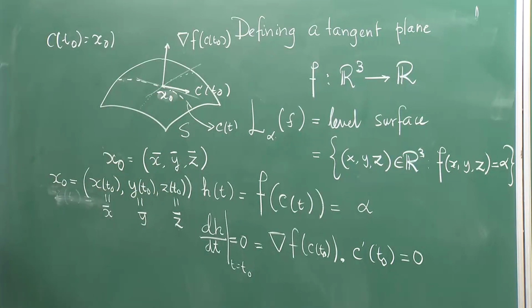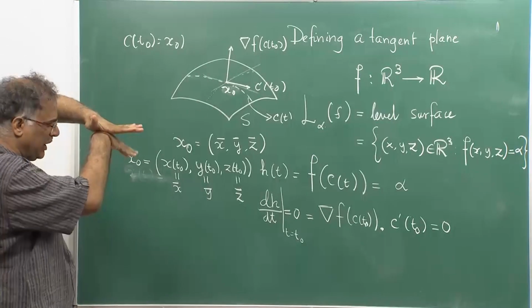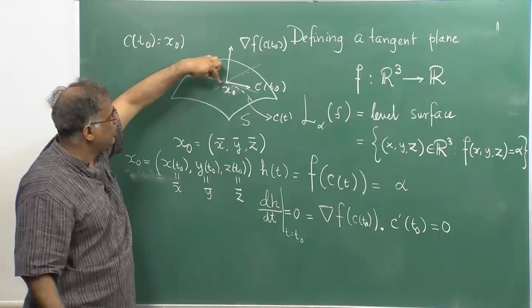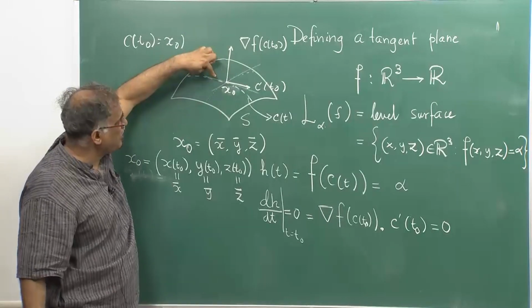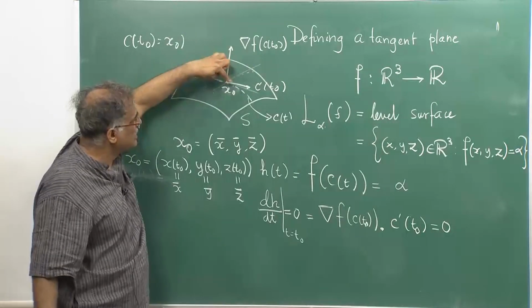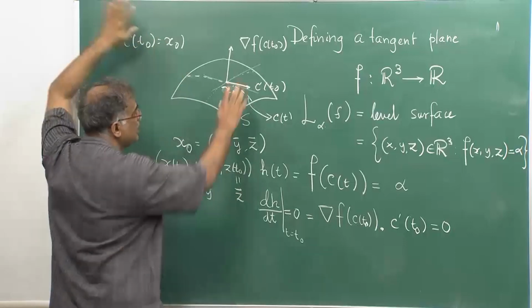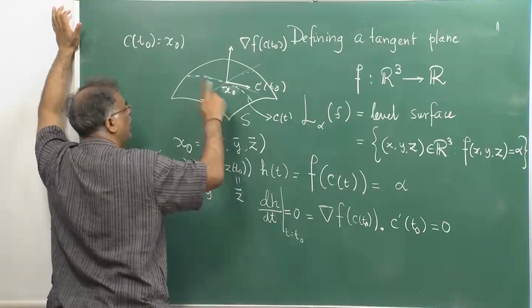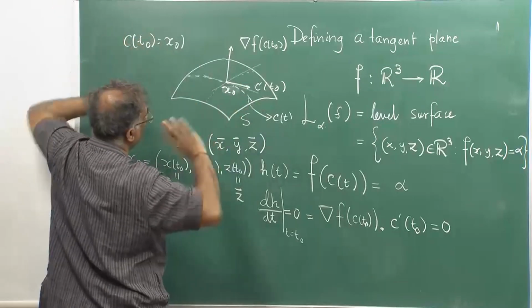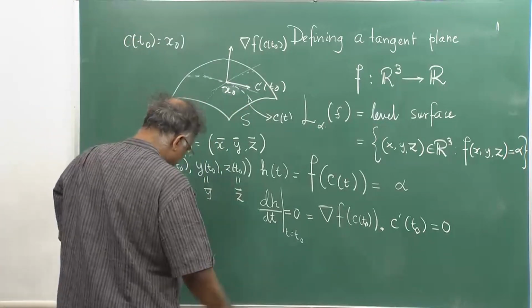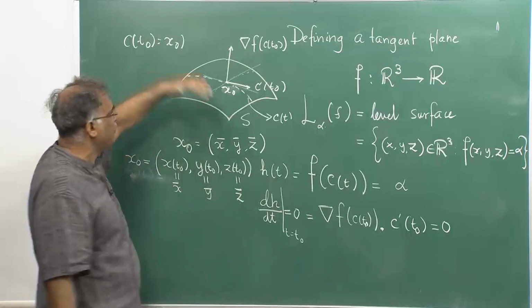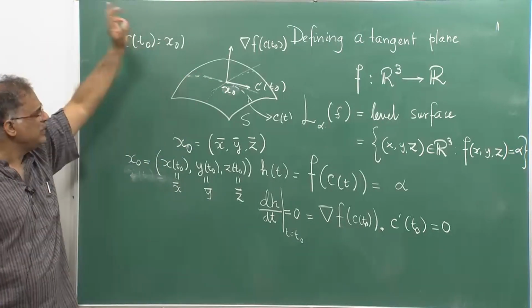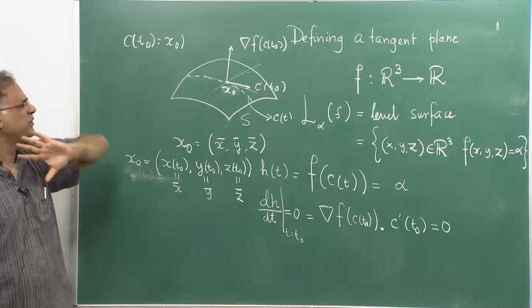So, at a point where the tangent plane touches x naught, since grad f of x naught is perpendicular to the vector c dash t naught, it is perpendicular to the tangent plane at x naught. We have taken the convention that if a vector is perpendicular to the tangent plane of a surface at x naught, then the vector is perpendicular to the surface at x naught.